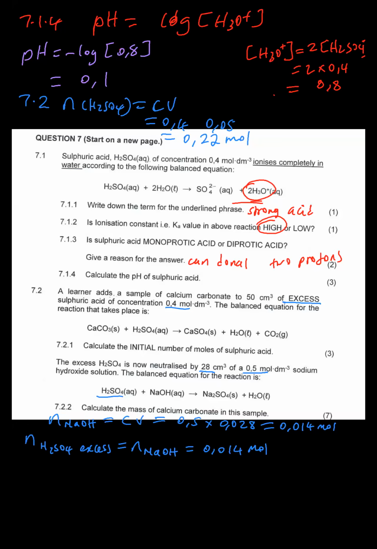N of H2SO4 reacted is equal to N initial minus N excess.